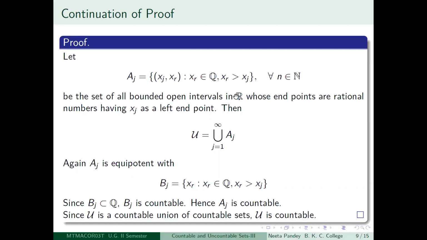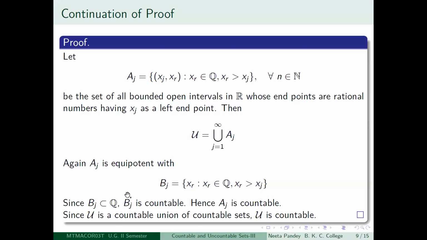That is, AJ is completely determined by BJ and BJ is completely determined by AJ. Because if you take any element of AJ, all you are curious about is its right endpoint, and that you are listing here. So there is a bijection from AJ to BJ, very easily described. Just look at the open interval xj to xr and send it to xr. So AJ and BJ are equipotent, very good.